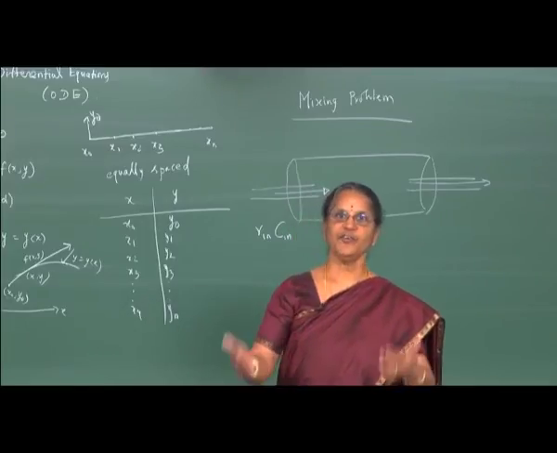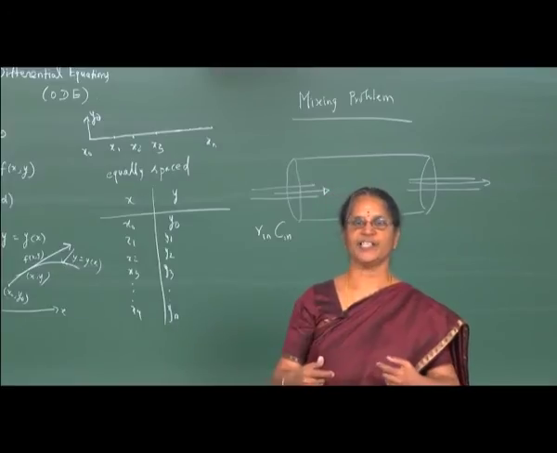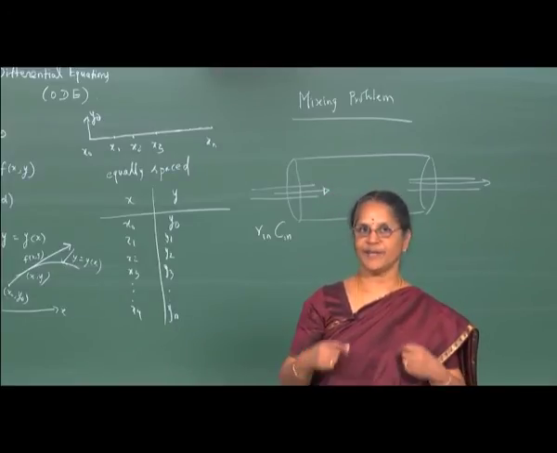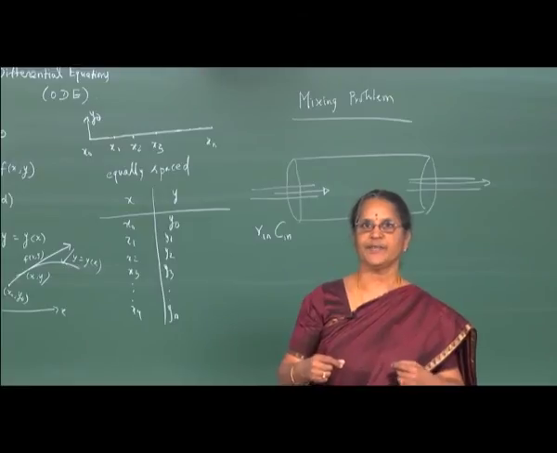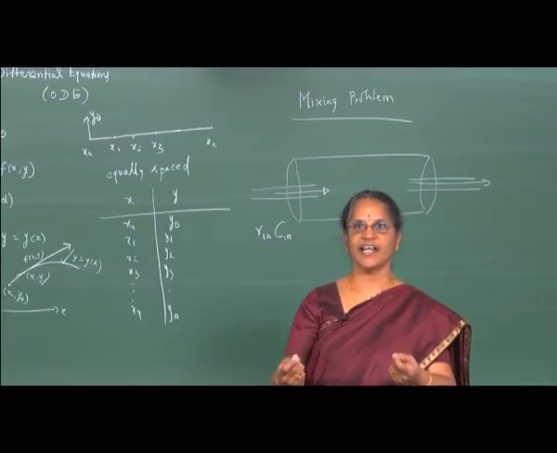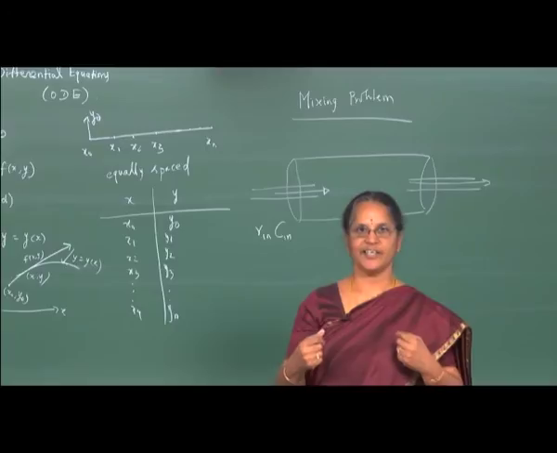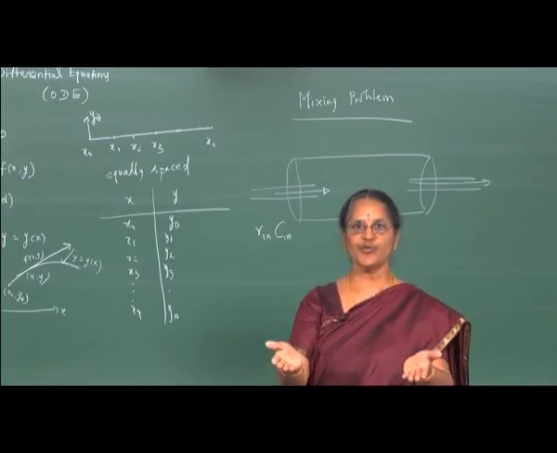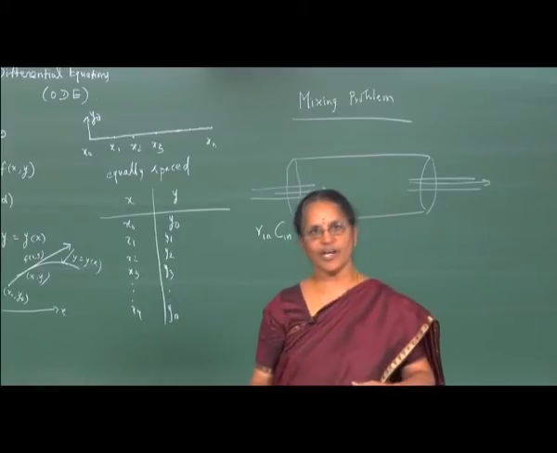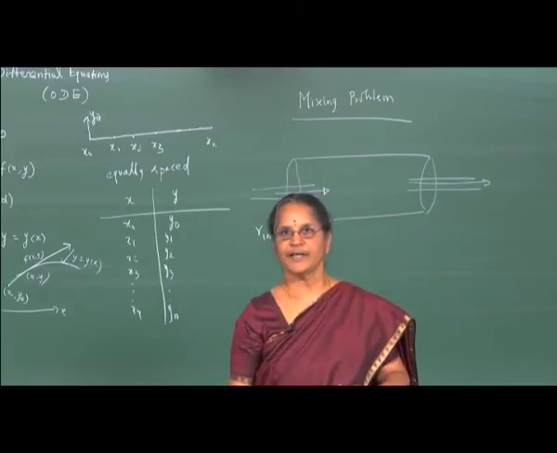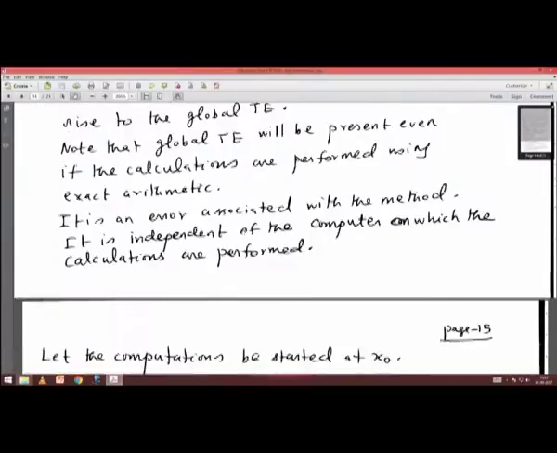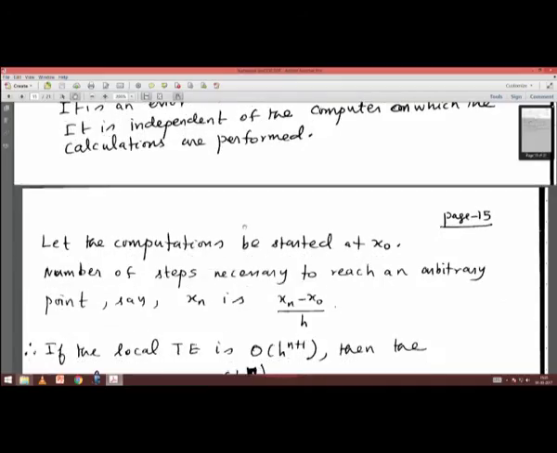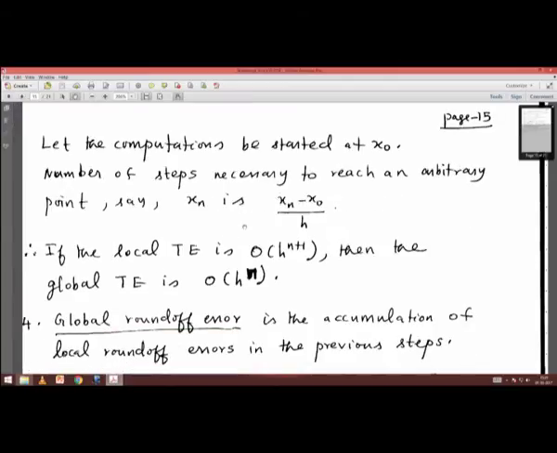So, even if you perform your computations using exact arithmetic, this global truncation error will be present in your numerical solution because it occurs due to the accumulation of the local truncation error. And again, this global truncation error is independent of the computer that you use to obtain a numerical solution.